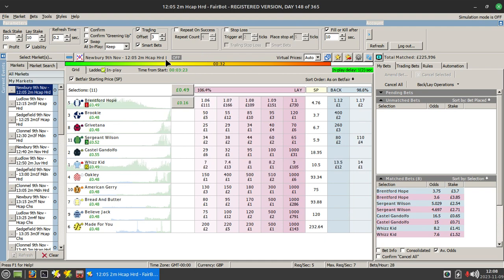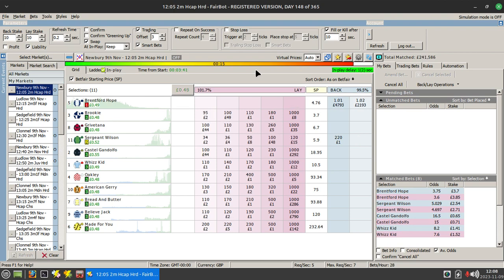So that's another reason why you might find delaying till the midsection of the race, or even the quarter after halfway round, where the market starts to become a bit more volatile, useful. But I wouldn't recommend that initially until you're used to the technique. Okay, let's move on to the next race.